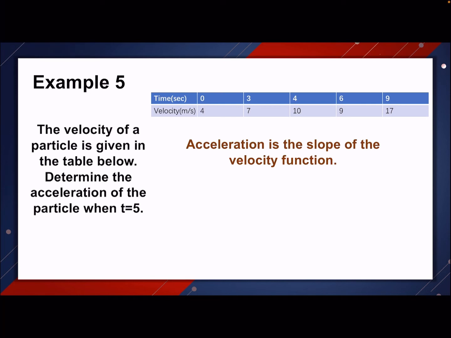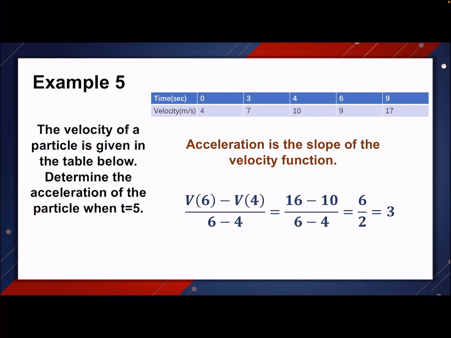And the acceleration is the slope of the velocity function. So we use V6 minus V4 divided by 6 minus 4, and the result is 3. So the answer for acceleration is 3.